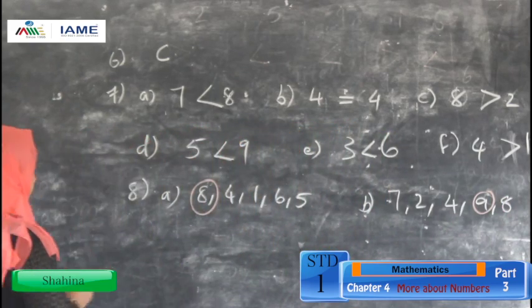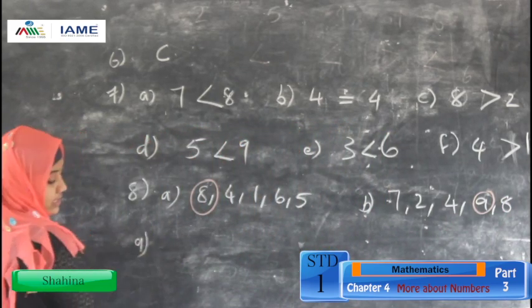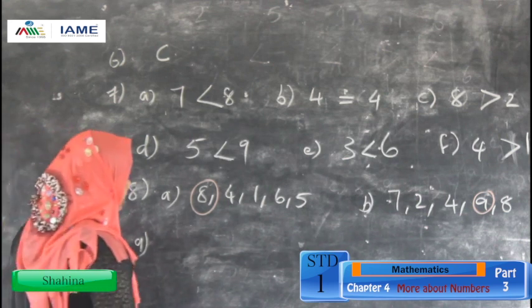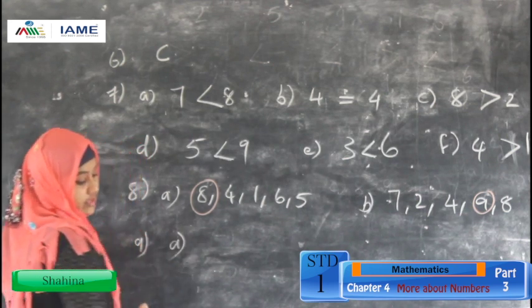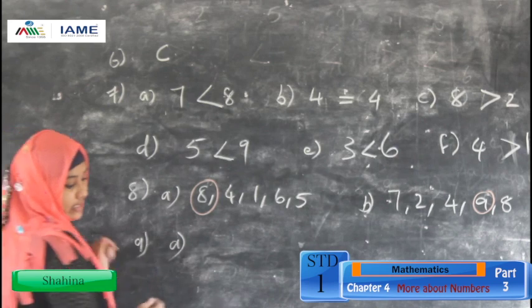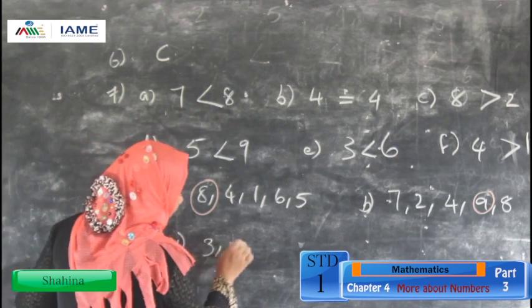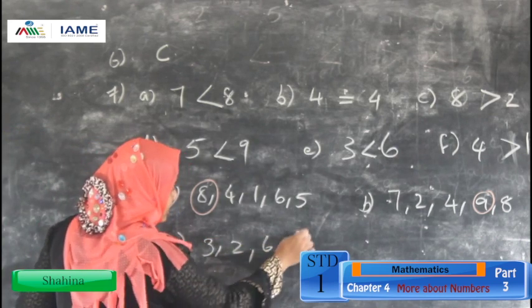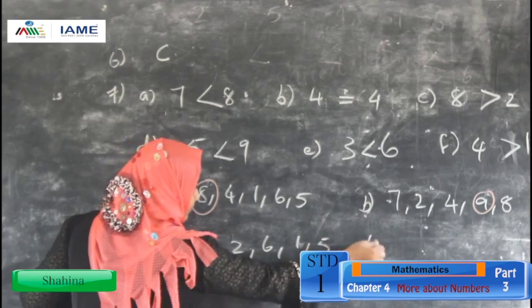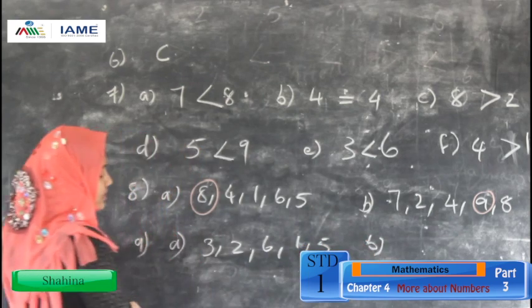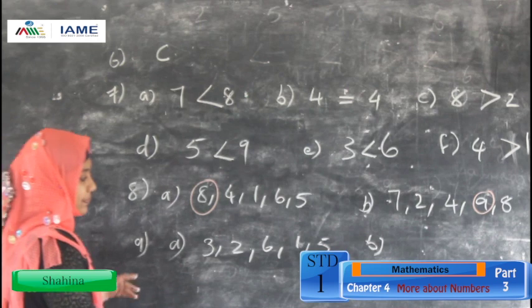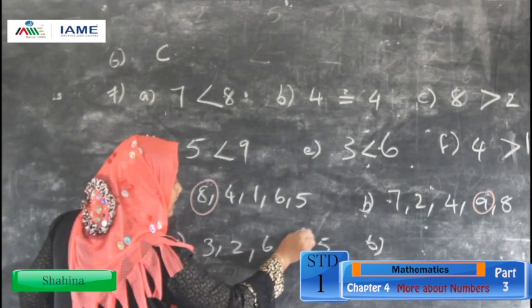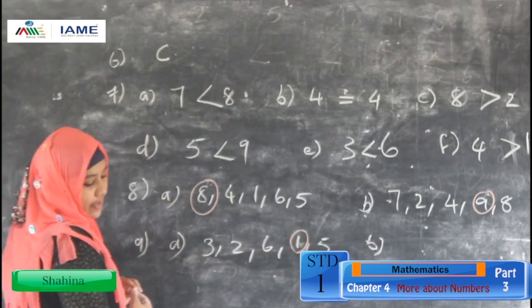In the next one we have to encircle the smallest number in each of the following. The numbers given are 3, 2, 6, 1, 5. In this case, which is the smallest number? Yes, 1 is the smallest number.